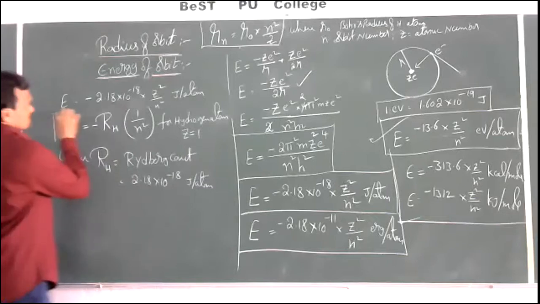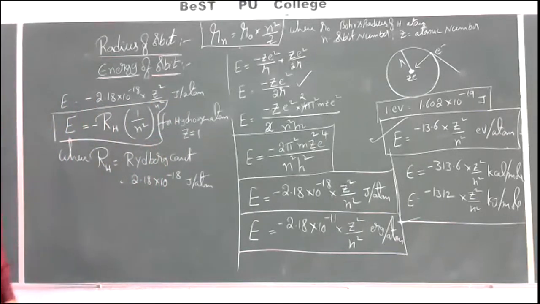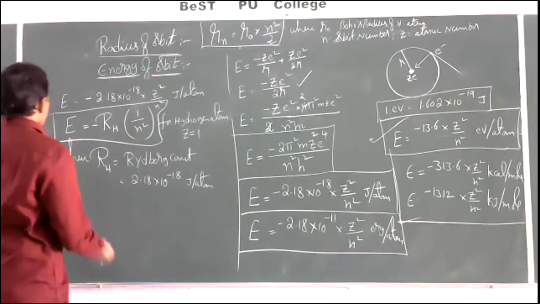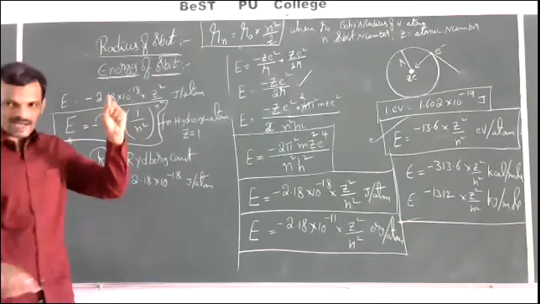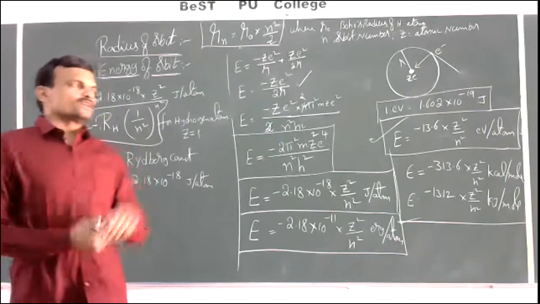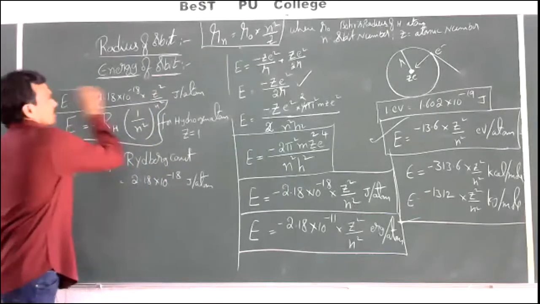So this is the expression. E is equal to minus RH into 1 by n square. This is the expression for energy of the nth orbit of hydrogen. If it is hydrogen-like species, this relation should apply.